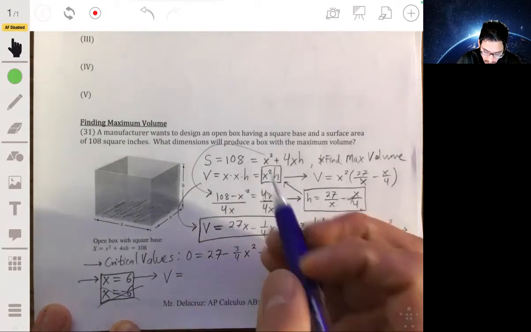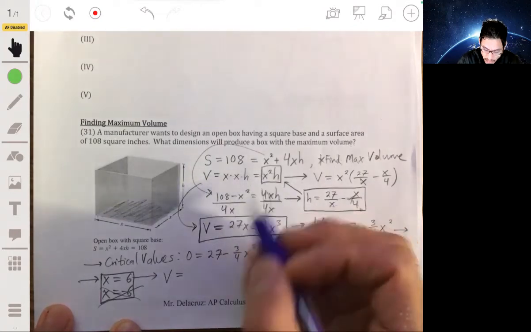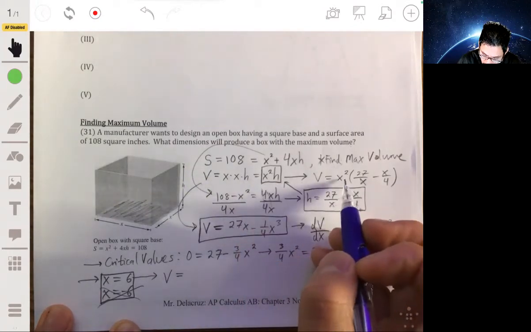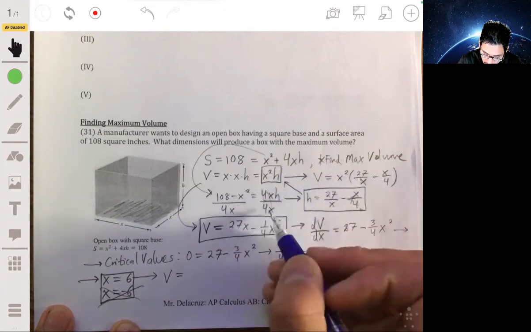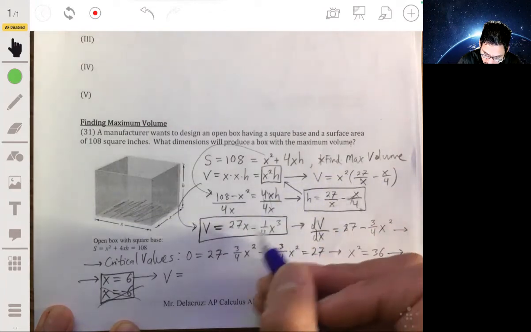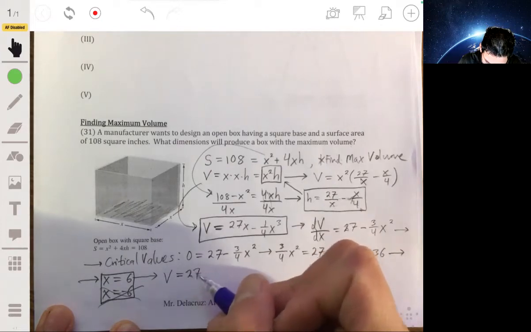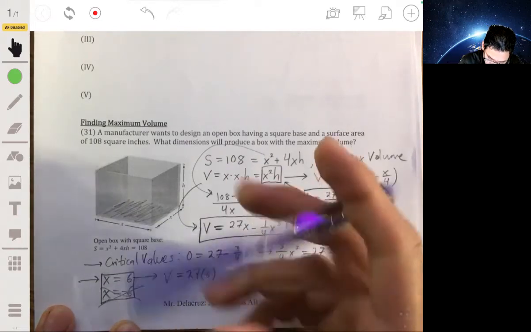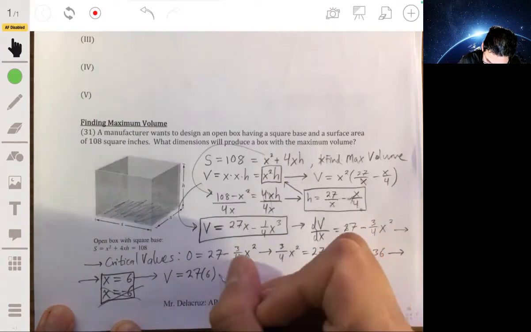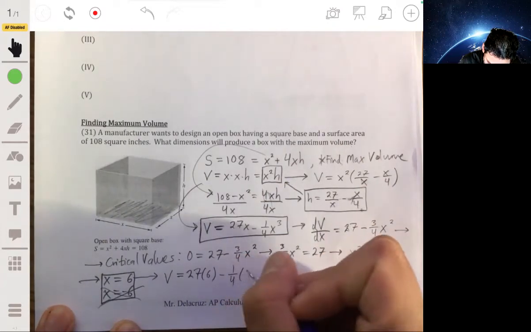So the volume here will be basically, what was our equation for volume? So right here, let's plug it in here. Volume is 27 times 6, not 27. Yeah, 27 times 6 minus 1/4 of 6 cubed.